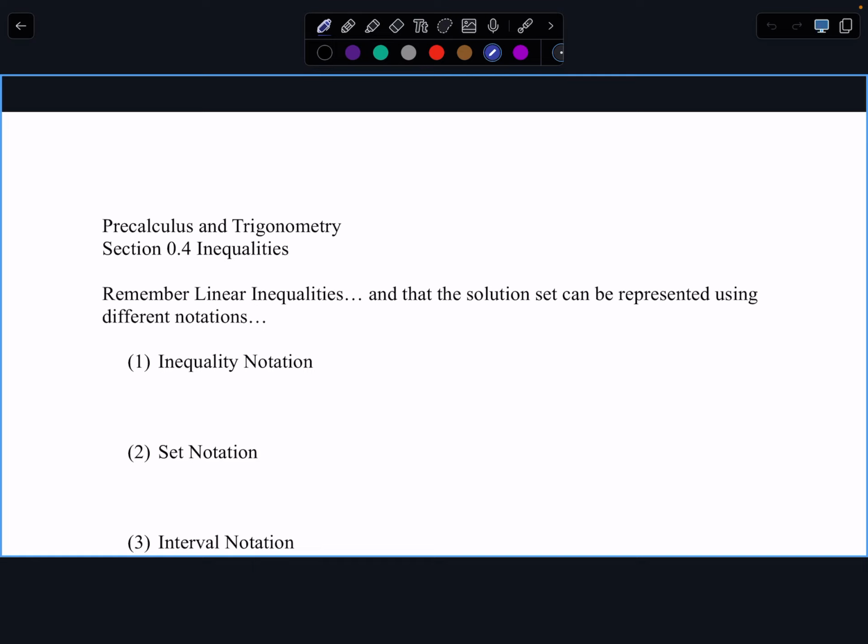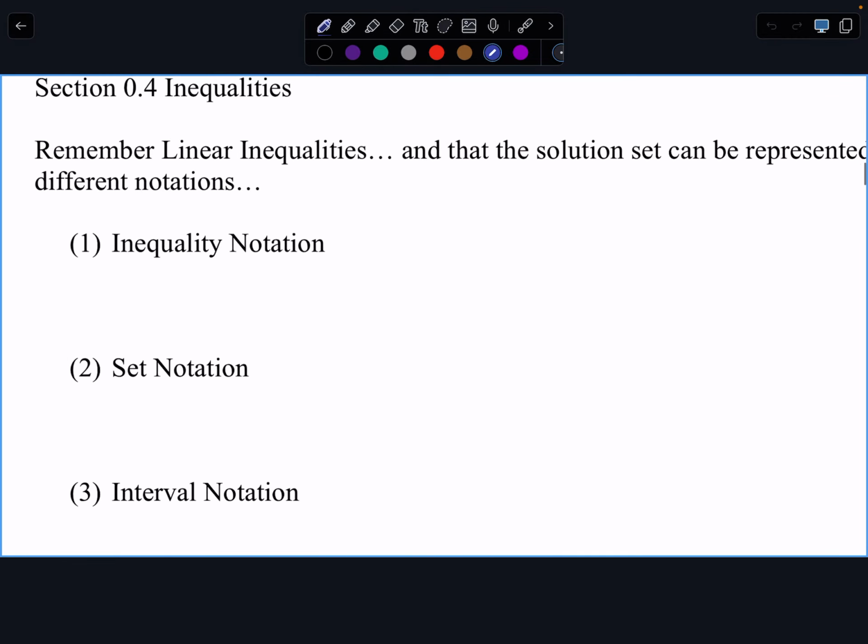So whenever you have an expression that is greater than another expression, or is less than or equal to another expression, you come up with all of the values that would be part of the solution set, which is usually infinitely many values that can be represented using different notation.